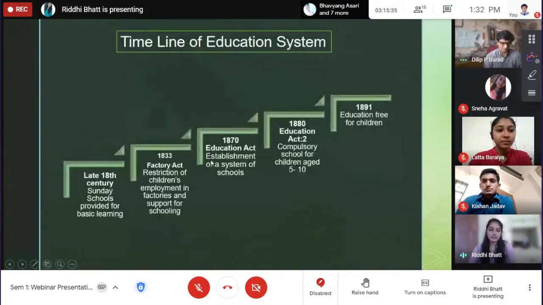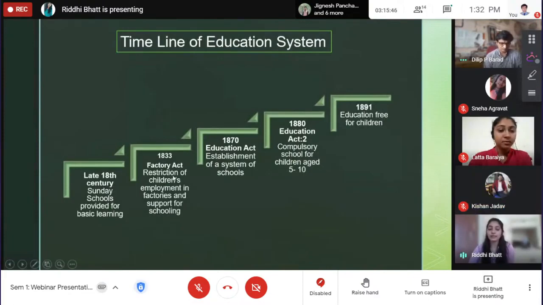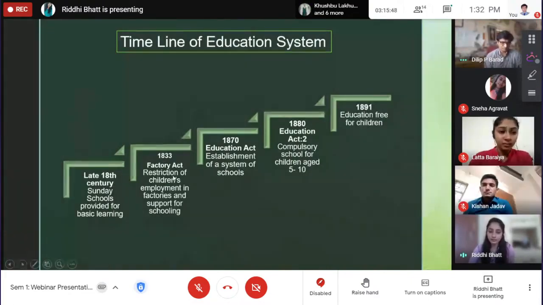First we see the timeline of the education system. In the late 18th century, Sunday schools provided basic learning. After the 1833 Factory Act, there was a restriction of children's employment in factories and support for schooling.